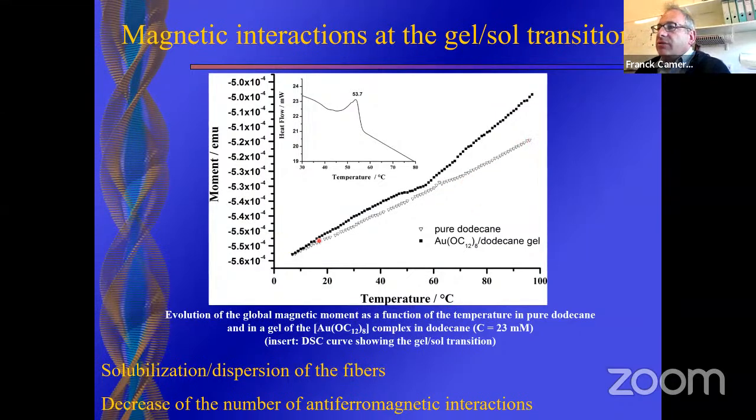But in the gels, you can see that at a certain point you have a break in this curve, and you have a stronger increase of the moment around 50 to 55 degrees Celsius. And this corresponds, as you can see by DSC, to the sol-gel transition. So you can also detect this sol-gel transition by magnetic measurement, which is possible here by the presence of radical molecules.